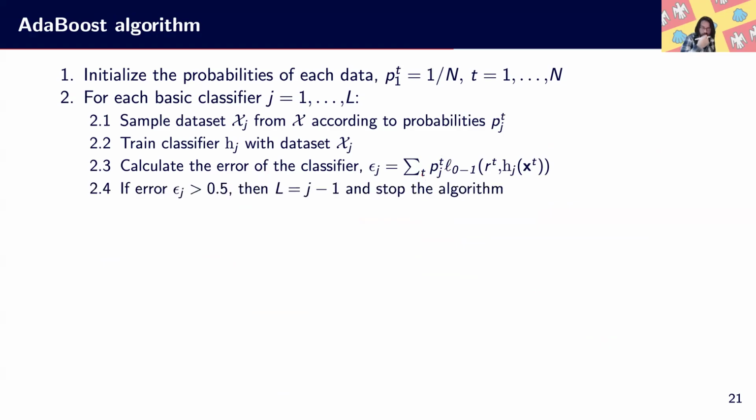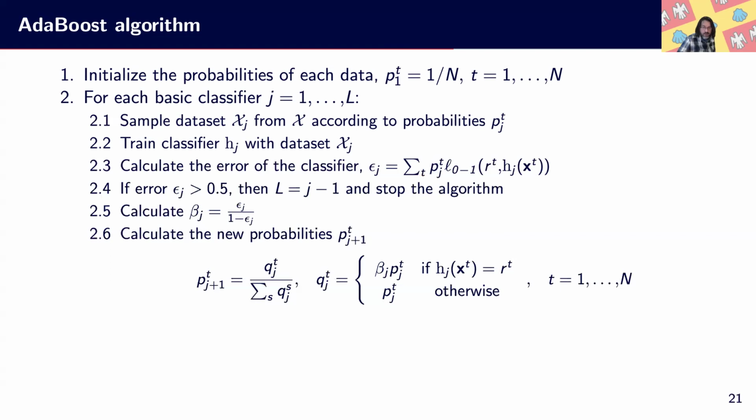If the error is more than 0.5, we should stop. We should go back to the last iteration and say that's enough. We cannot continue because the current classifier is worse than bad luck, worse than chance. Then we calculate beta j, which comes from epsilon j.